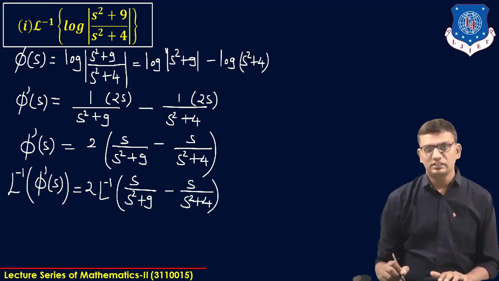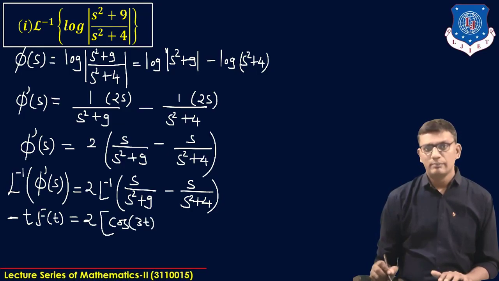Now we separate the inverse Laplace, and we have −t f(t) on the left hand side, and on the right hand side we have cos 3t minus cos 2t. So finally we get −t f(t) equal to 2(cos 3t − cos 2t).